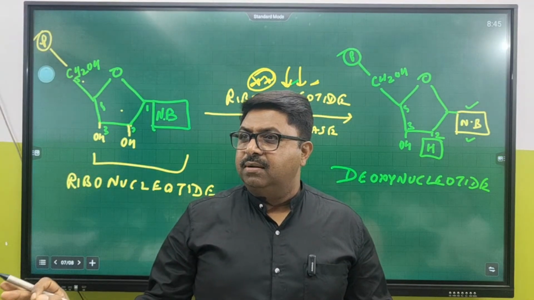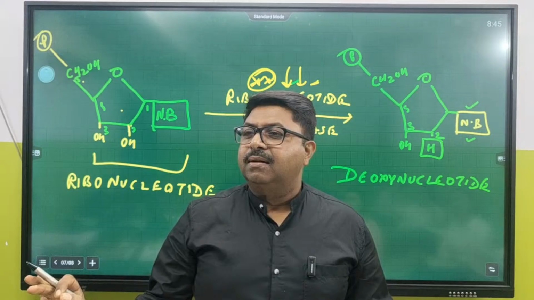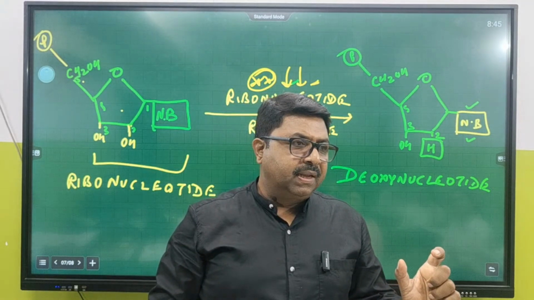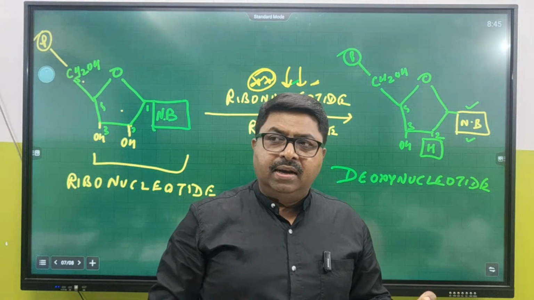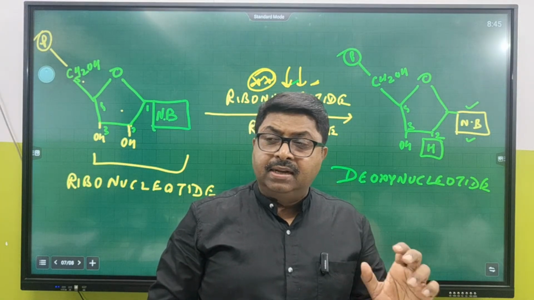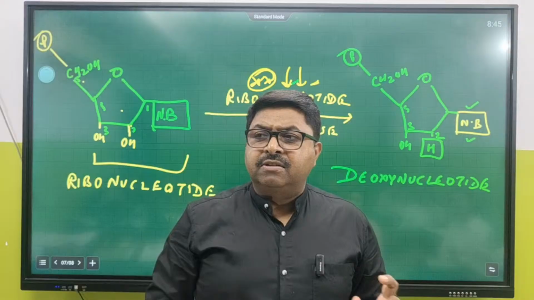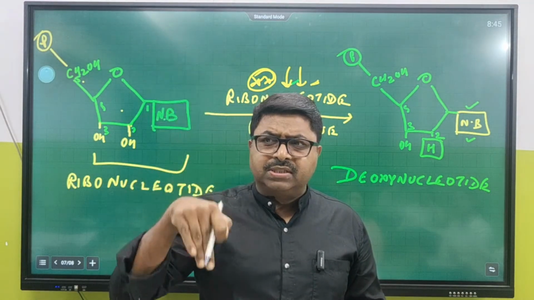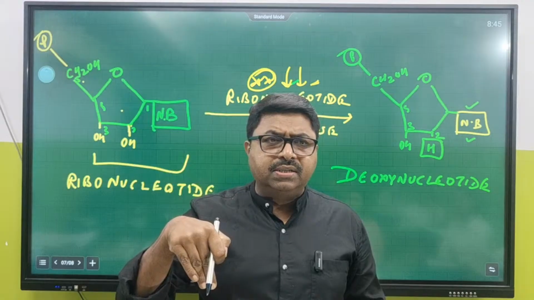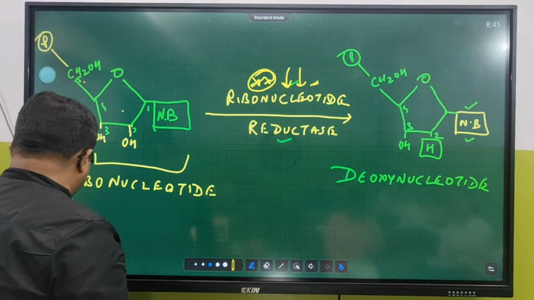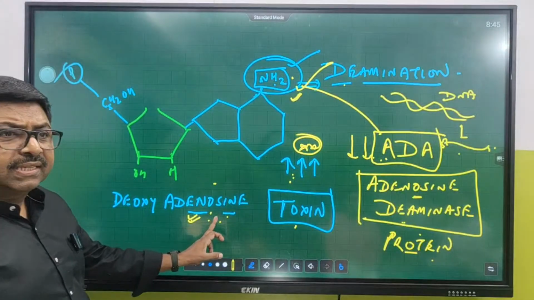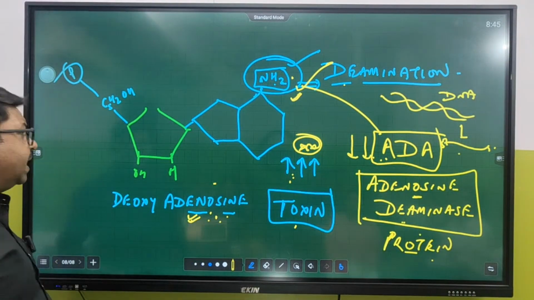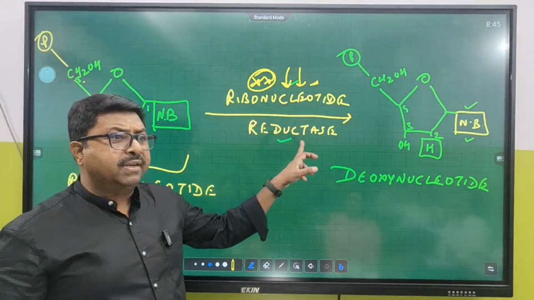Pratyasha, tell me, what have I talked about right now? Less of the ADA gene, less of ADA, less of that enzyme, deamination won't take place. Toxicity is going to occur inside your body, number one. Number two, if the amount of this increases, it shows a negative feedback to the enzyme called ribonucleotide reductase.